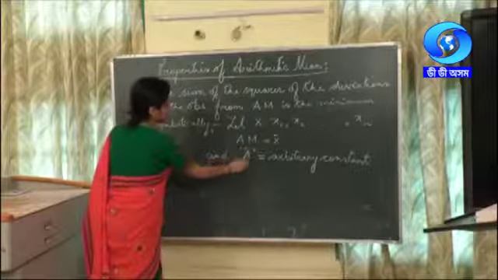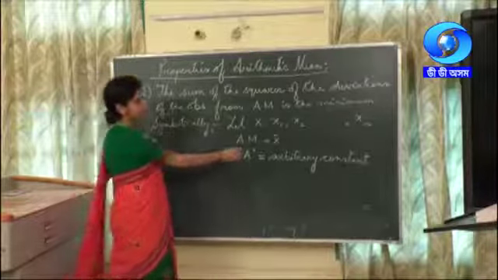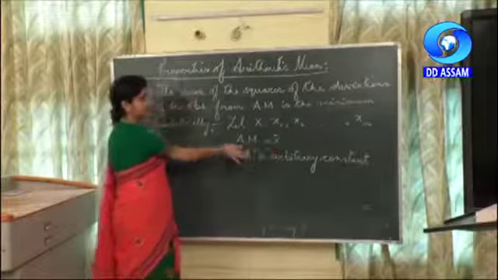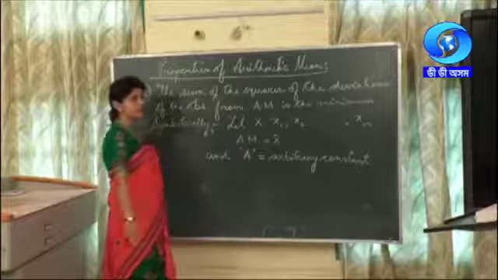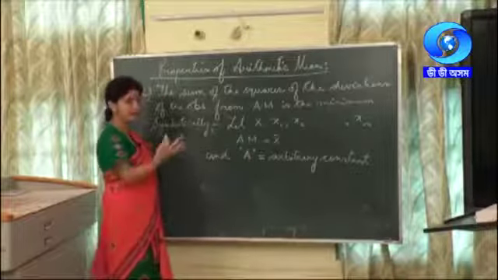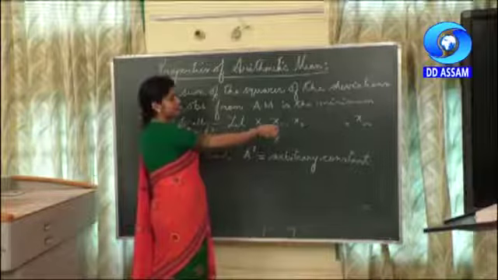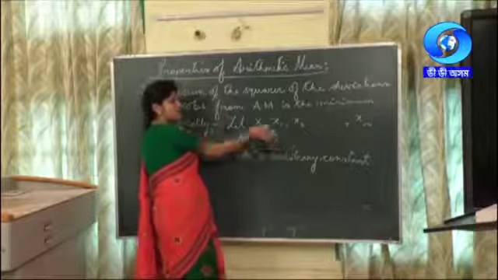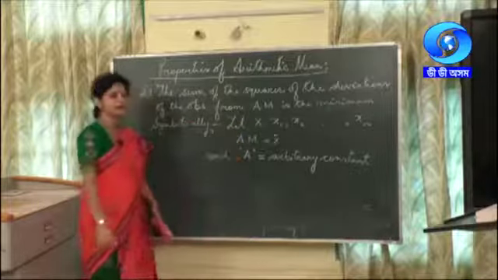In that case, what will happen if we take the deviations of the items from x bar, and we take the deviations of the items from any arbitrary constant and square them up and then add them, we will see that the value which we get by taking the deviations from x bar and squaring will be smaller than the other expression.